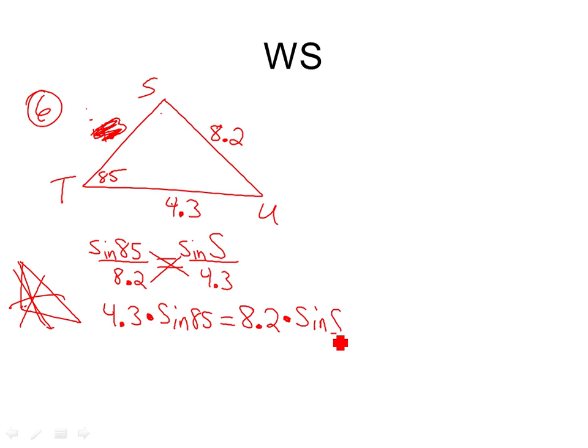What do we have to do to get sine of S by itself? Just cancel, you're left with sine of S. You should be able to punch that right into your calculator. So grab your calculator, because whatever answer we get here, that's what I'm going to put down, so I need 5 or 6 of you doing it, so we make sure we get the same answer.